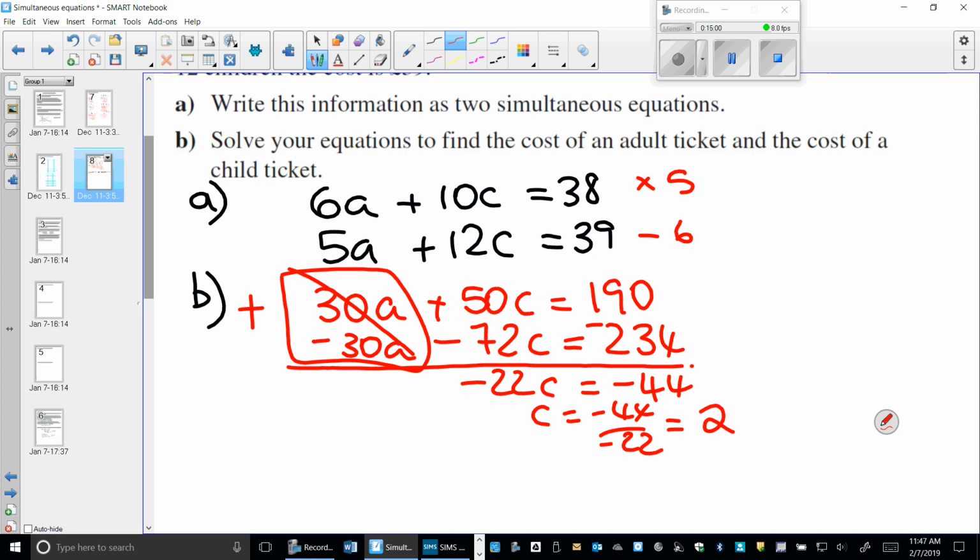Alright. You kind of preempted one of my statements. If you ended up with a negative value there, because you ended up with a negative cost for a child to go to see a theatre show, you would think there was something wrong with that. Yes? Because they don't normally charge a negative amount to go and see something.